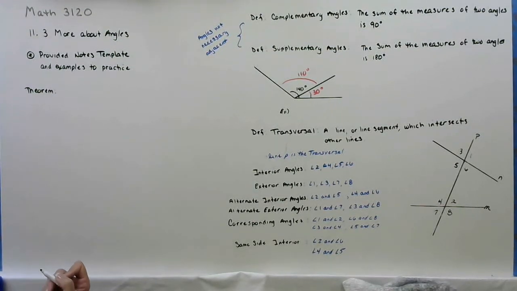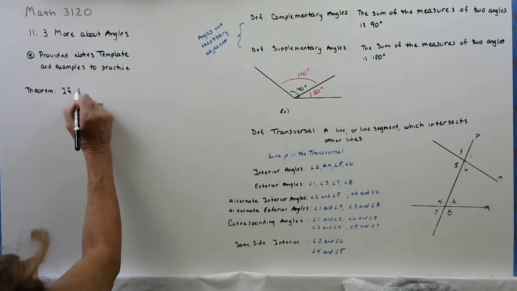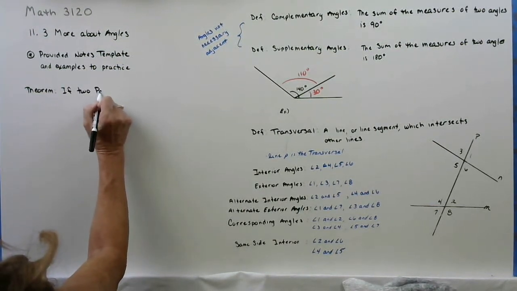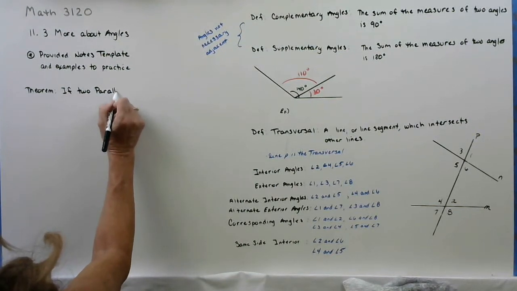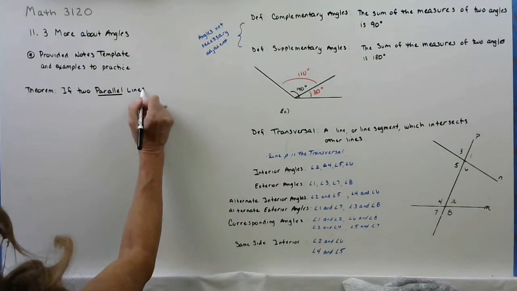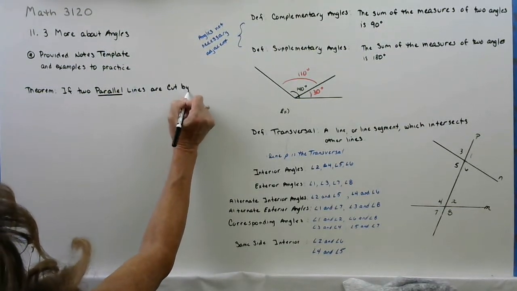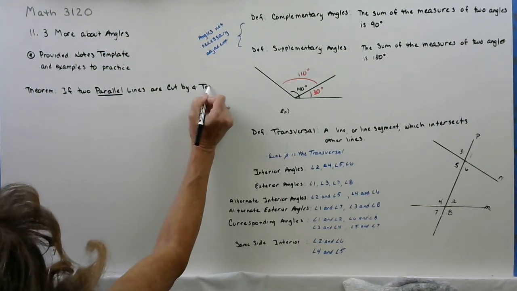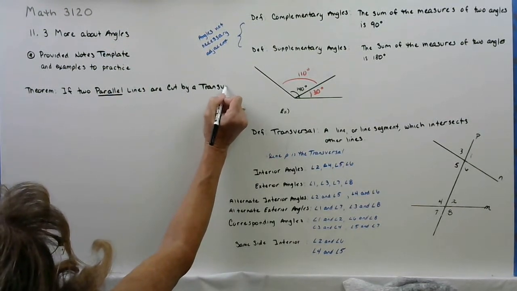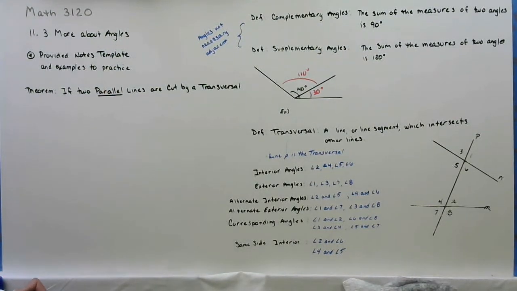If two parallel lines are cut by a transversal, so that's called the hypothesis.